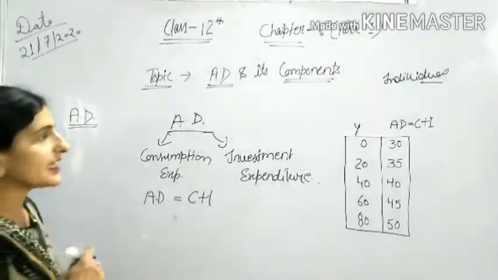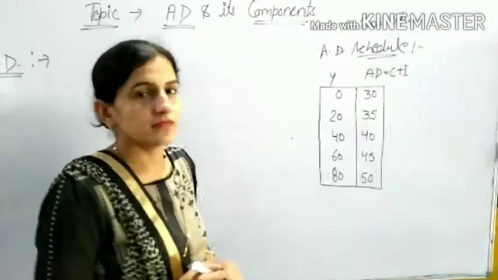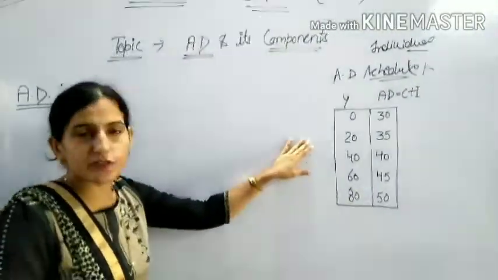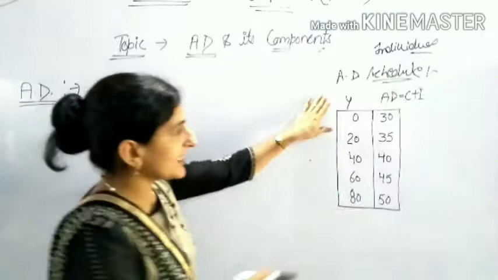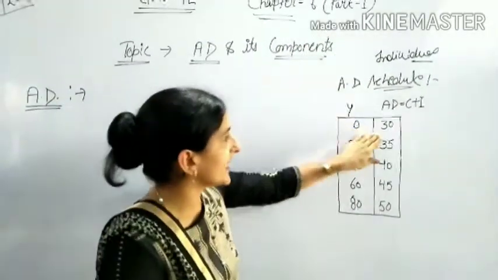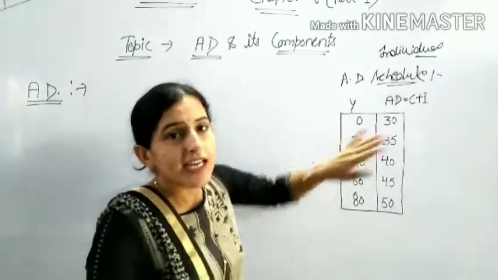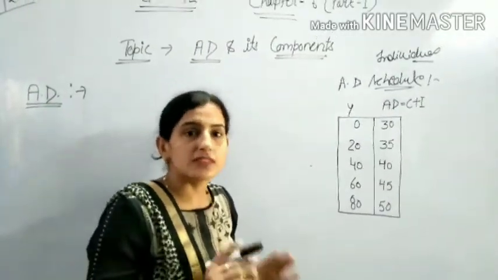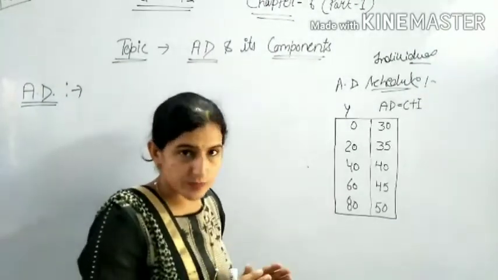Now we will study the AD schedule showing the relationship between income and AD. In this table you can see that when income is 0, the AD, aggregate demand, is 30. It means that even if there is no income, there is still some consumption.